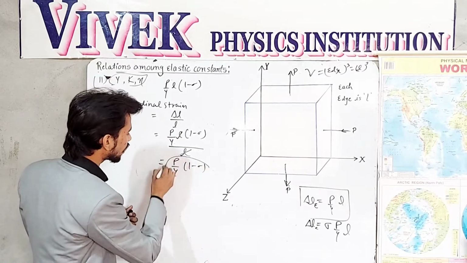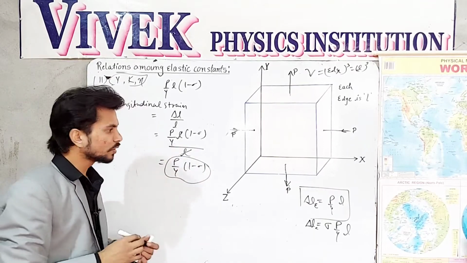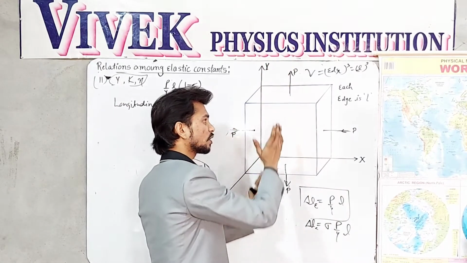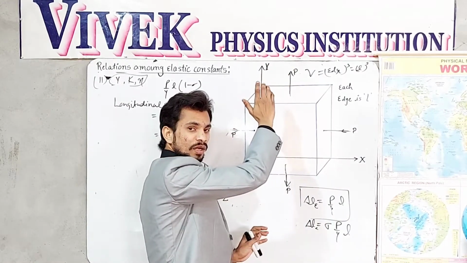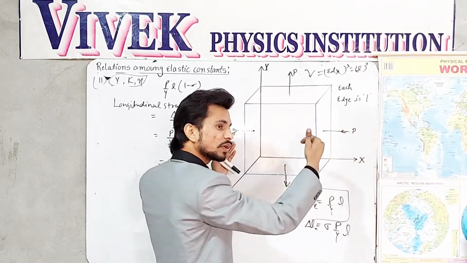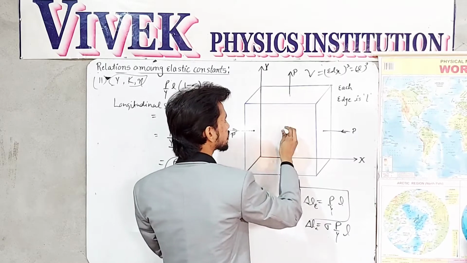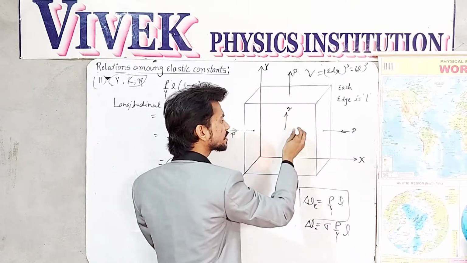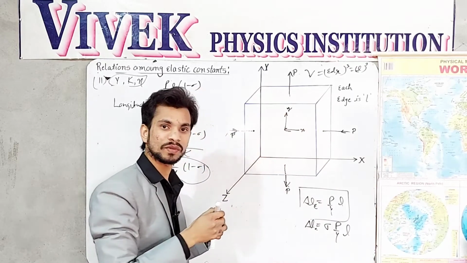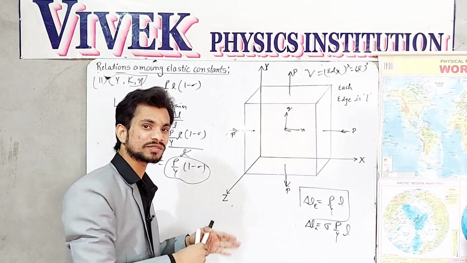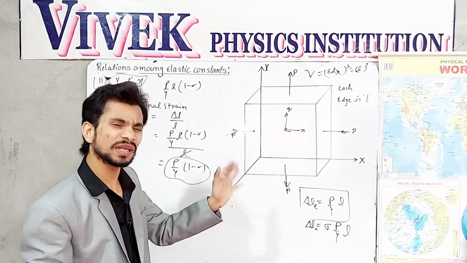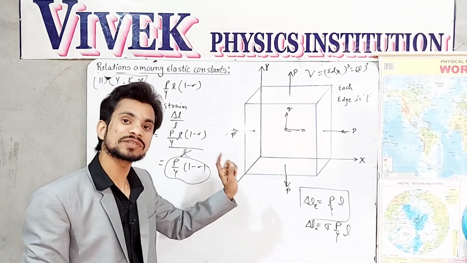Okay, now you can observe that when there is an extension along the y-axis, simultaneously there is a contraction along the x-axis. Now these two extensions do not let take place any z-axis extension or contraction.